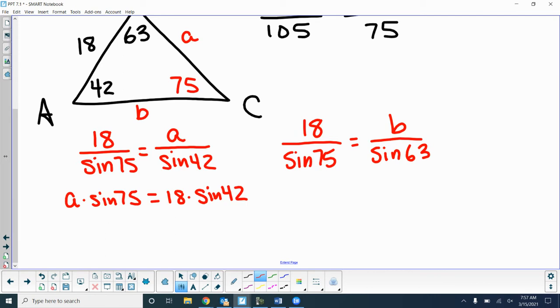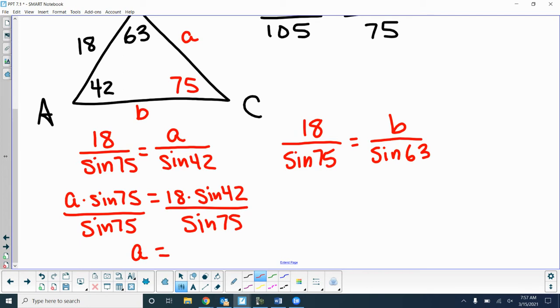To get A by itself, what am I going to do over here? Divide by the sine of 75, right? So when I put that in my calculator, that'll give me the length of side A.